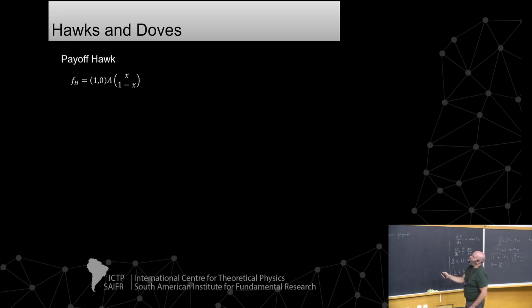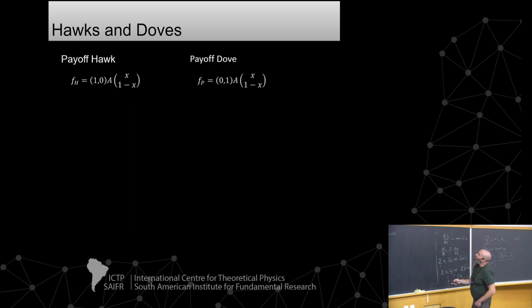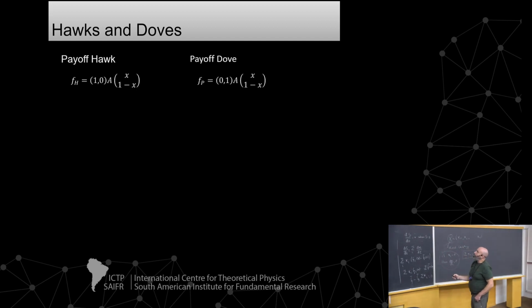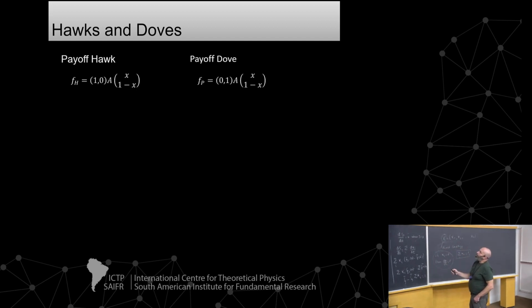We don't know the value of x. x is just a variable. So the payoff of the strategy hawk against any other strategy can be calculated in this way. The payoff of the dove against any strategy can also be calculated in this way. So we will say that (1, 0) is the vector associated to a hawk, and (0, 1) is the vector associated to the dove.